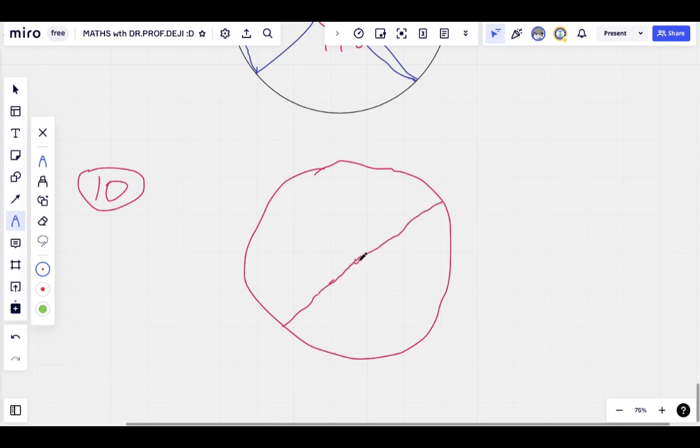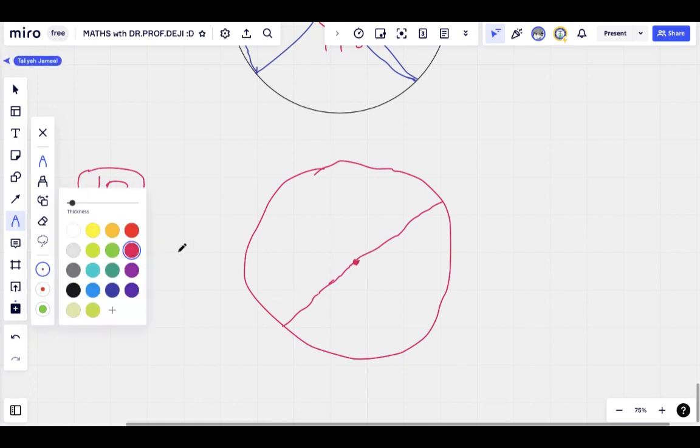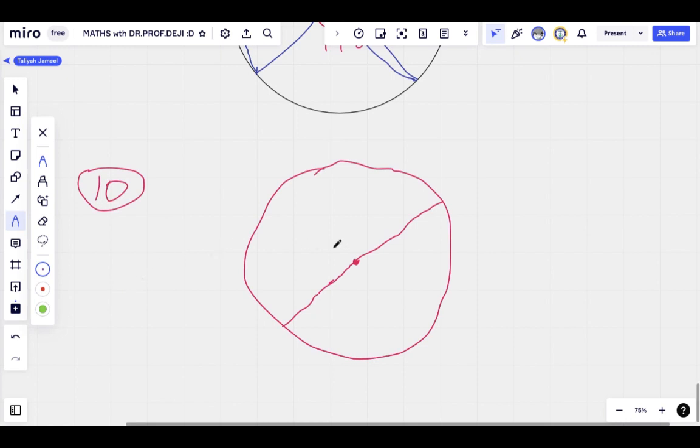Are you there? Yes. Okay. A line passing through the center of the circle. That's the diameter. And then we have another angle here. Oh, sorry. This one went overboard.